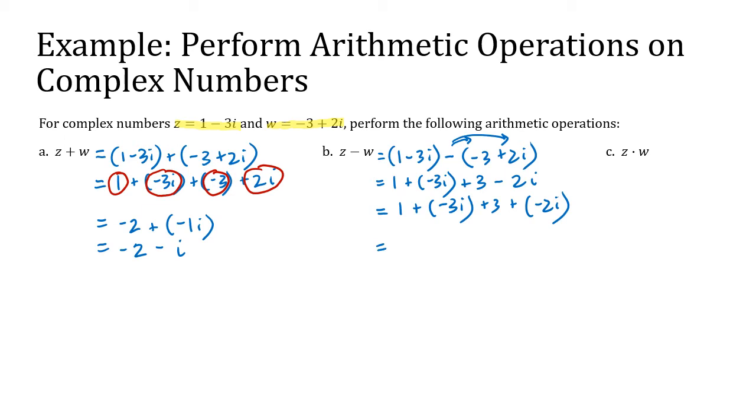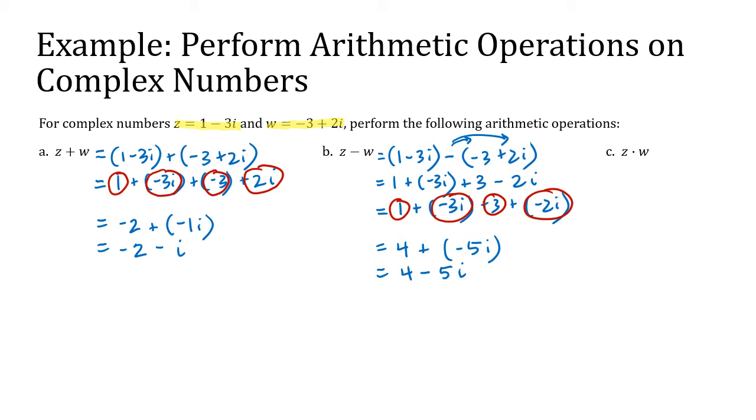All right, so now we've got 1 and we've got 3, and 1 plus 3 is 4, and then the imaginary parts, the -3i and the -2i, so we're going to call that plus -5i. And we can leave it like that, or we can rewrite this as 4 minus 5i. And that is what z minus w is.